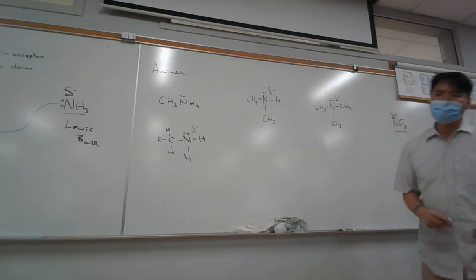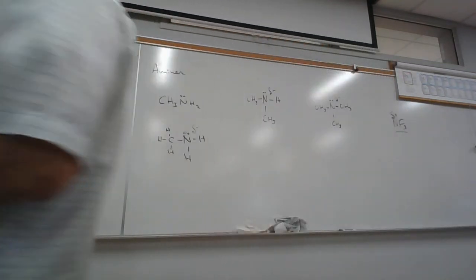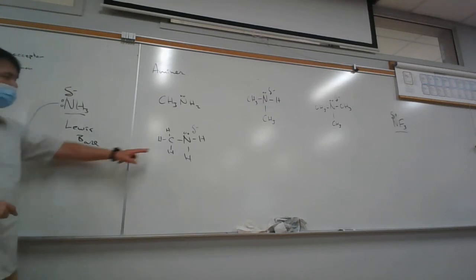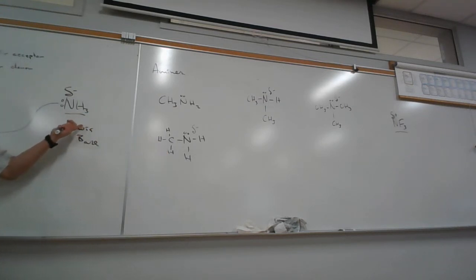We can also see this in terms of oxidation states. What is the oxidation state of nitrogen in ammonia? Two ways you can do oxidation state. You can do oxidation state from the Lewis structure, or you can do the oxidation state from the formula.